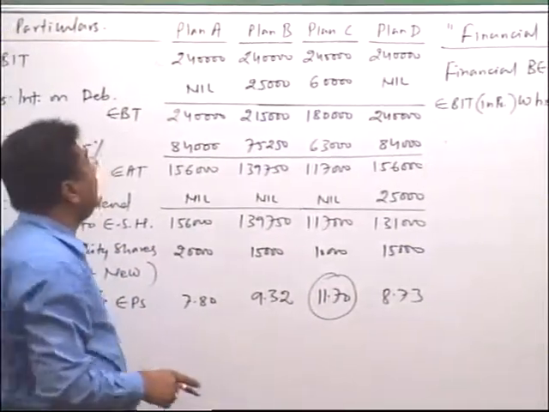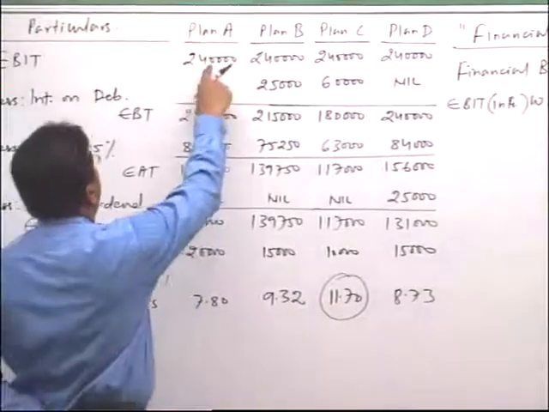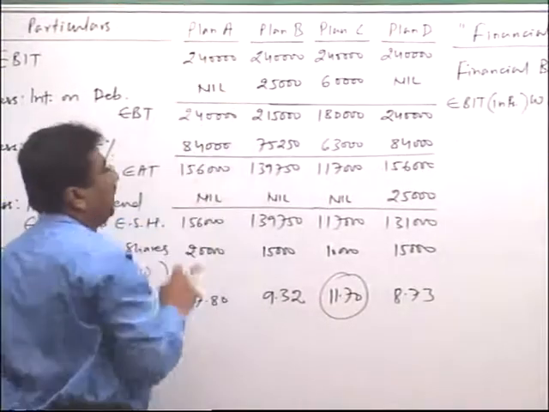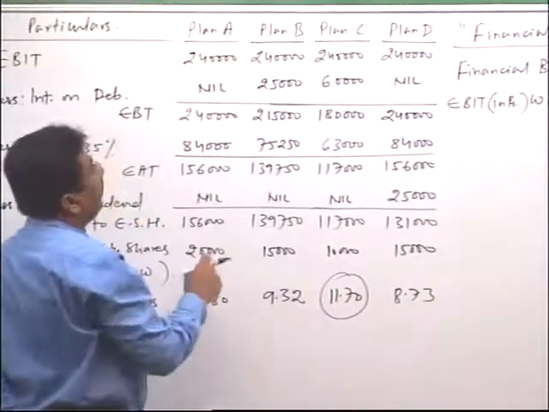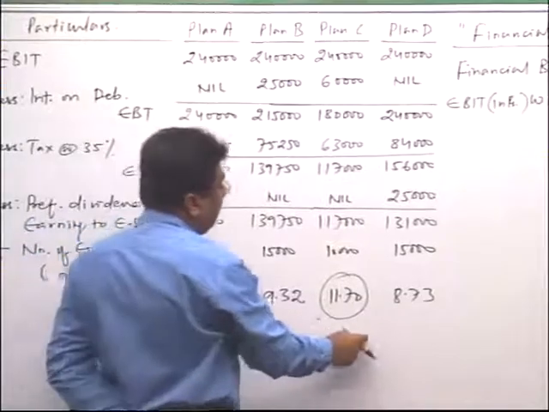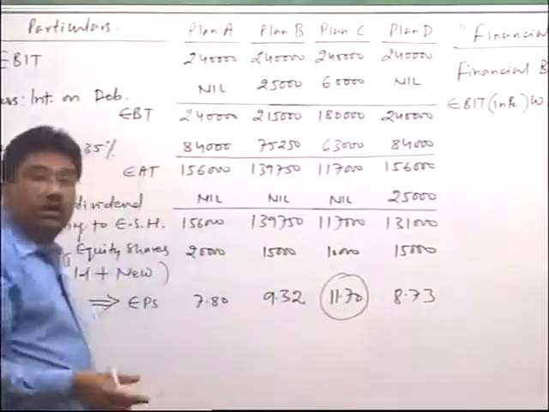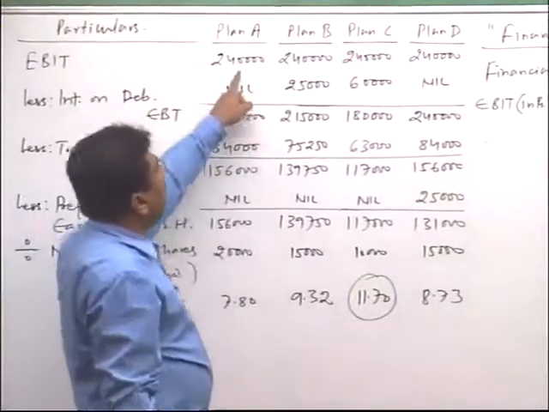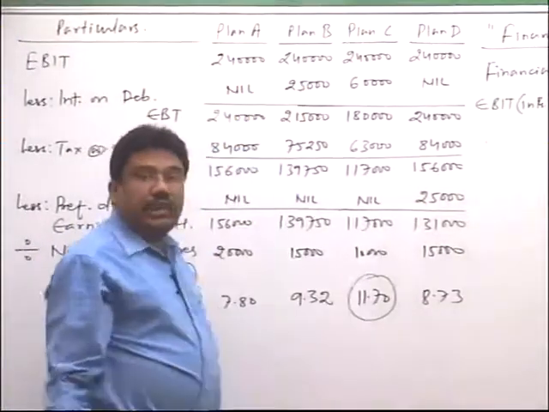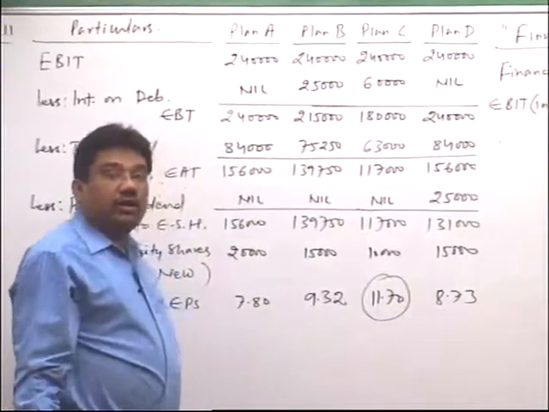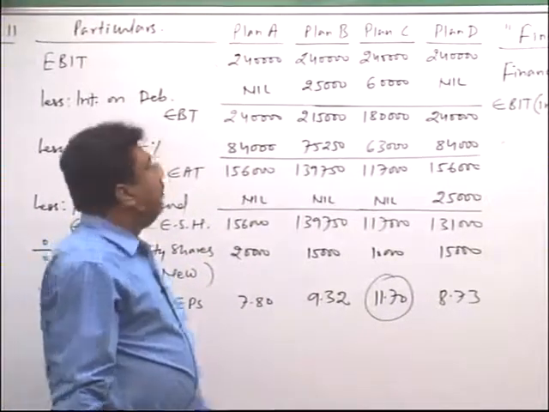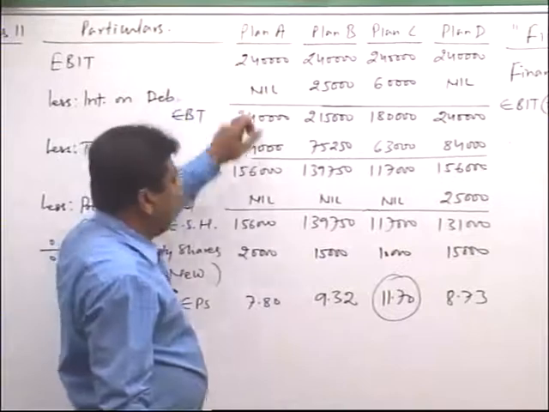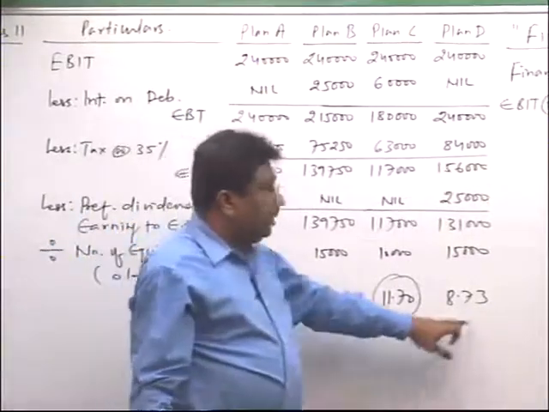So we can say that this 2,40,000 is not our financial BEP. Same way, in plans B, C and D, the EPS is not coming to 0. Then we can say that in plans A, B, C and D, the EBIT level is not the break-even point, because at this level of EBIT, the EPS is not coming to 0.